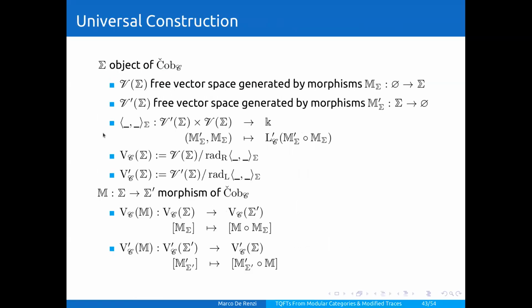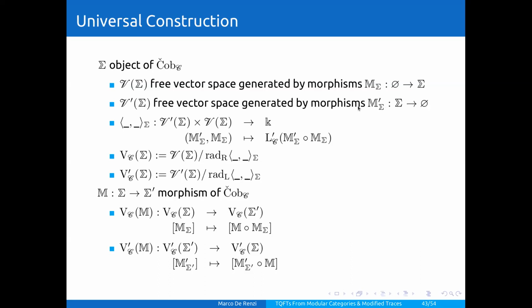So we need to associate a vector space to an object. And we, in fact, will associate two vector spaces to it, because we will construct a pair of functors. So the way we construct these vector spaces is we first consider the free vector space generated by morphisms from the empty object to sigma. And we call this curly V of sigma. We also consider a curly V prime, which is the vector space generated by morphisms that go the other way, from sigma to the empty.